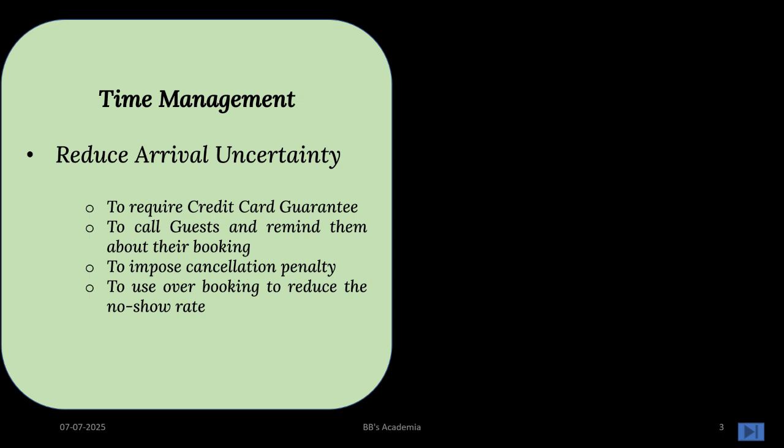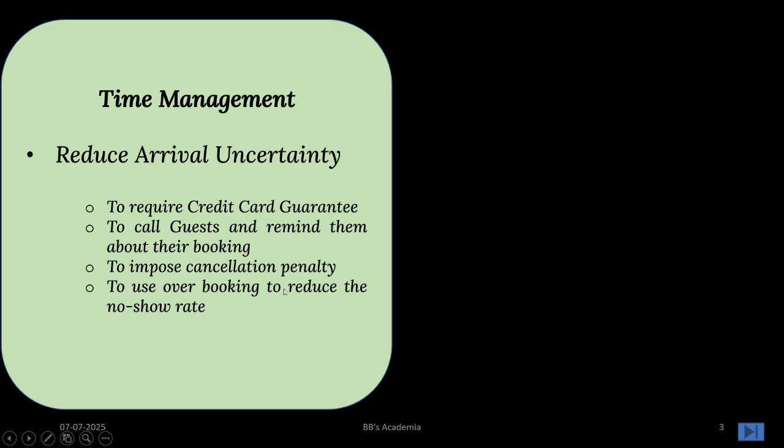Are you sure you are still coming? Just a reminder, and that will ensure whether the guest is coming or not, so that you have enough time in hand to sell that room to another guest as per the requirement. So that is another way you can reduce the uncertainty.